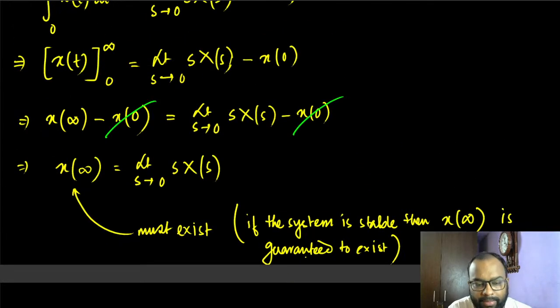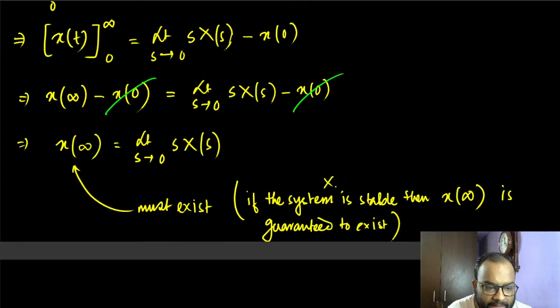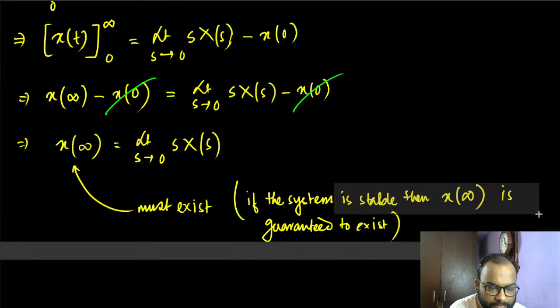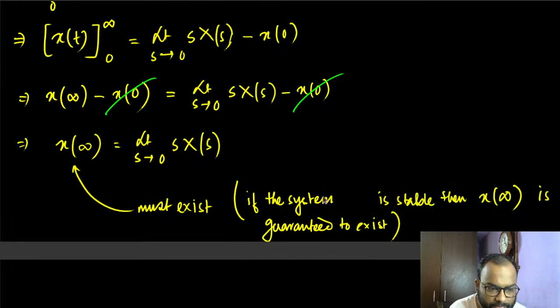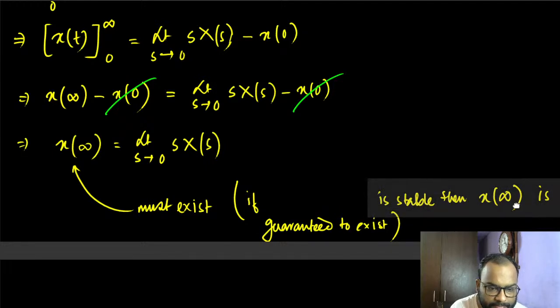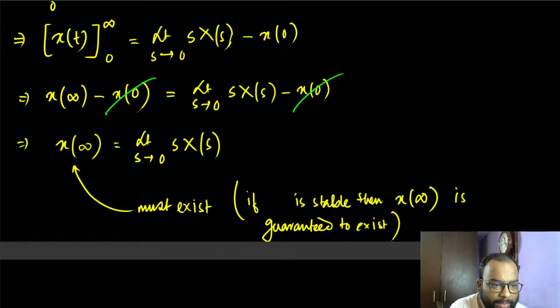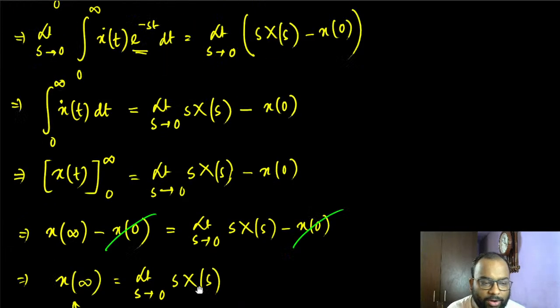I'm going to explain what I mean by that. Let's just write: Xs is stable. If Xs is stable, and what I mean by this, I'm going to explain later on. Just keep in mind, this is the condition under which this final value theorem is applicable.